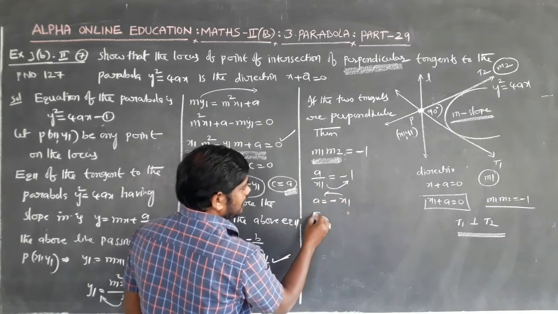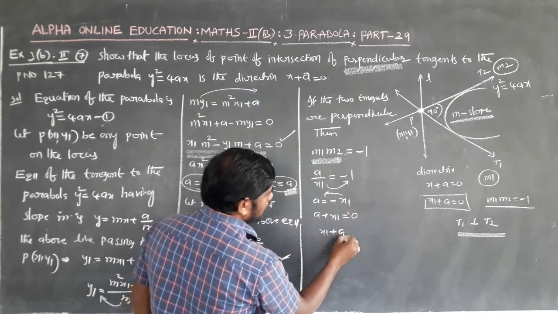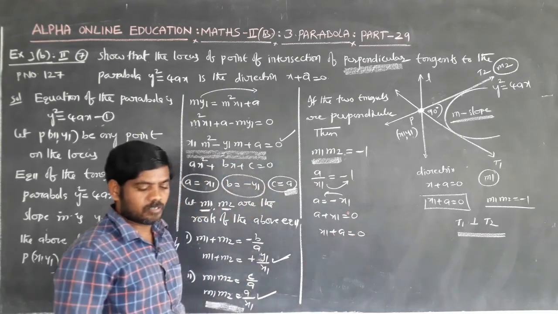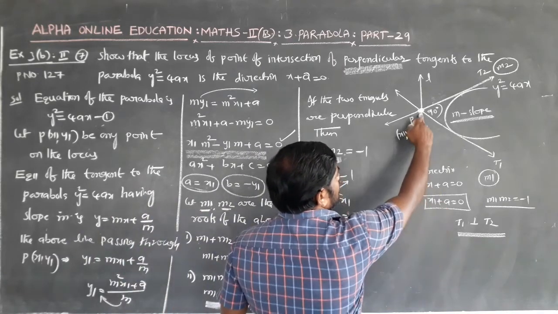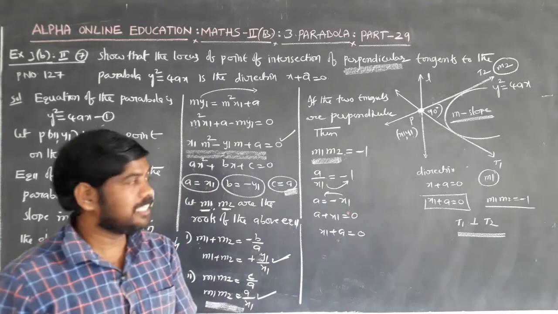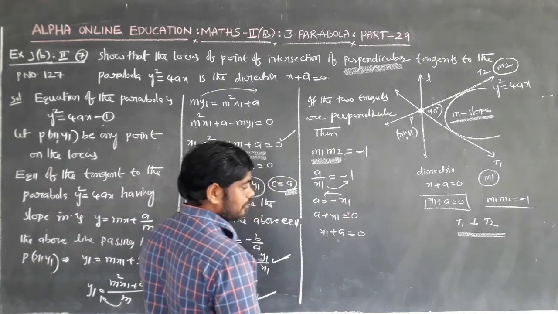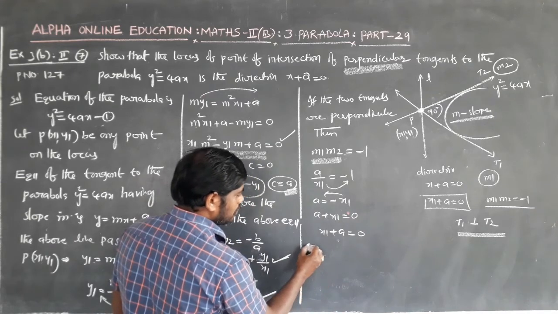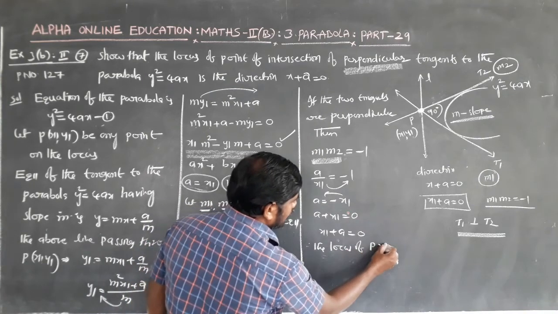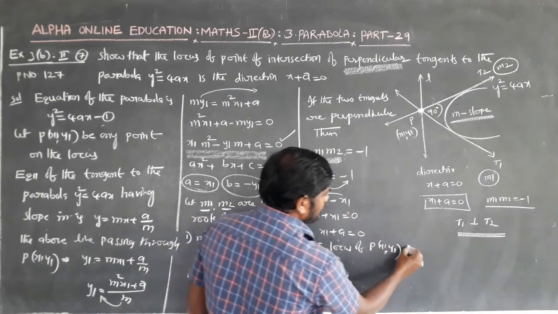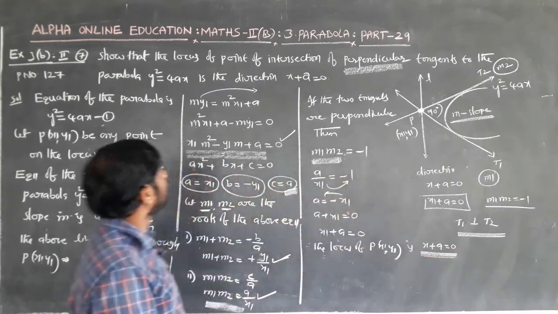Taking x1 to the left side, a plus x1 is equal to 0, which means x1 plus a is equal to 0. So the locus of P(x1, y1) is x plus a is equal to 0.